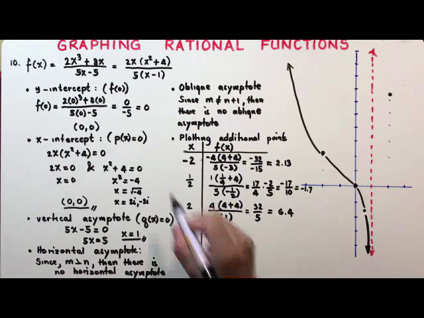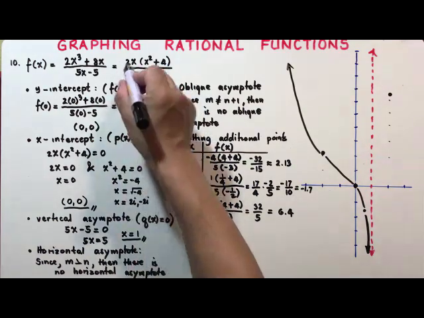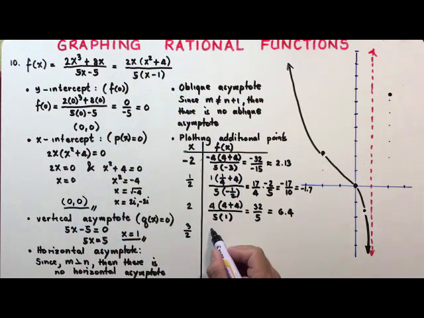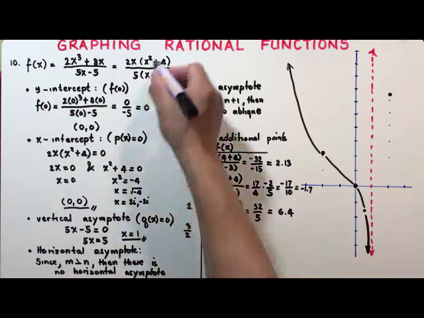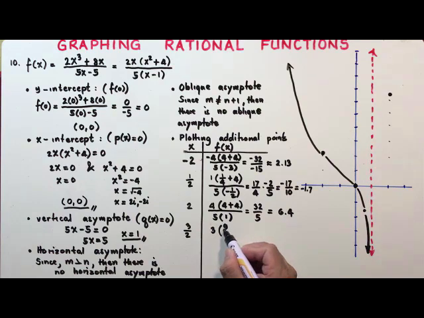So at 3/2, if you substitute, so 2 times 3/2 is 3. And this will be multiplied by 3/2 squared, which is 9/4 plus 4. And this will be divided by 5 times 3/2 minus 1, which is 1/2.